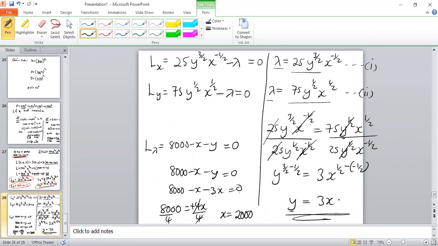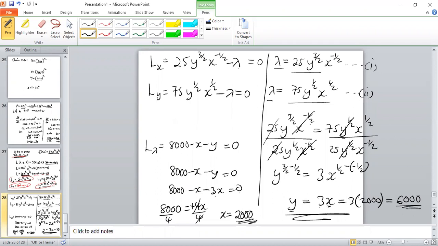What's the value of y? 6,000. Good. You substitute where there is x with 2,000. So it will be 3 times 2,000, that gives you 6,000.